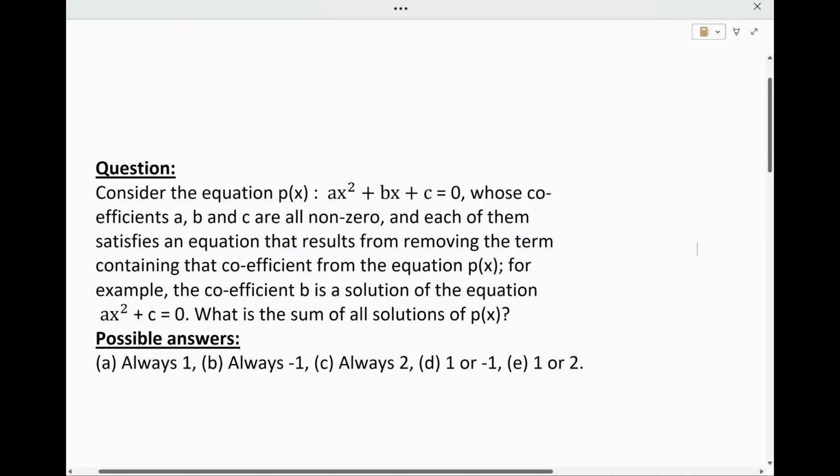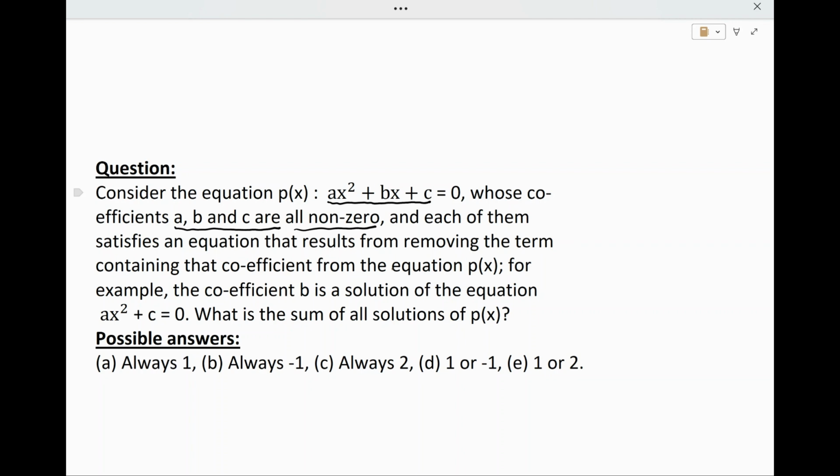Question. Consider the equation P(x), that is ax² + bx + c = 0, whose coefficients a, b and c are all non-zero, and each of them satisfies an equation that results from removing the term containing that coefficient from the equation P(x).